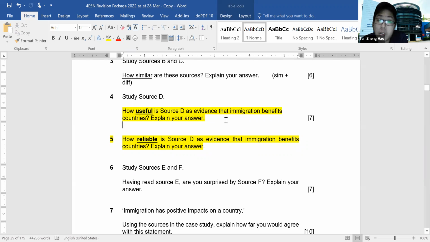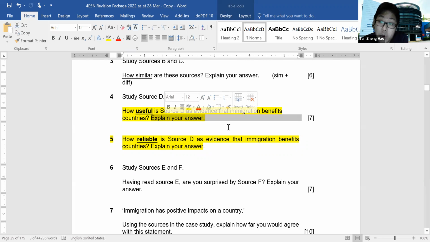Again, I'm going to show you how I will unpack the question. I will show you how I will approach the sources and how I plan out the answer. Then I will show you the sample template that your revision booklet has.